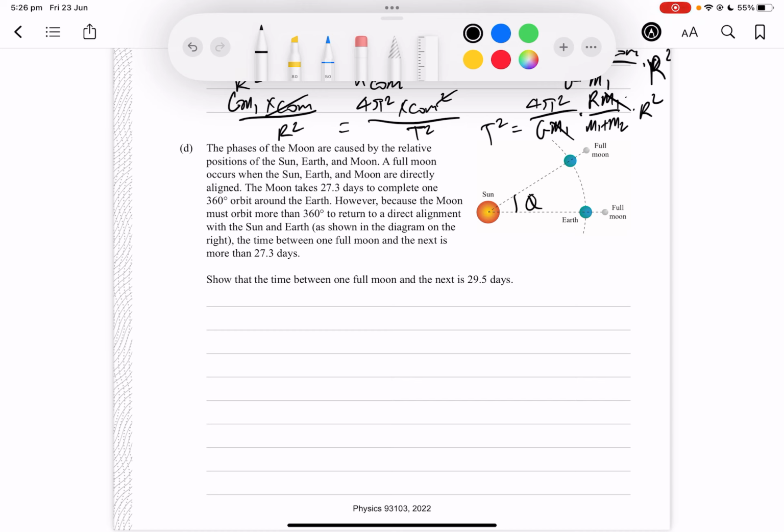So in order to set up this equation, we'll call the time it takes between two full moons t. So let t be the time between two full moons.